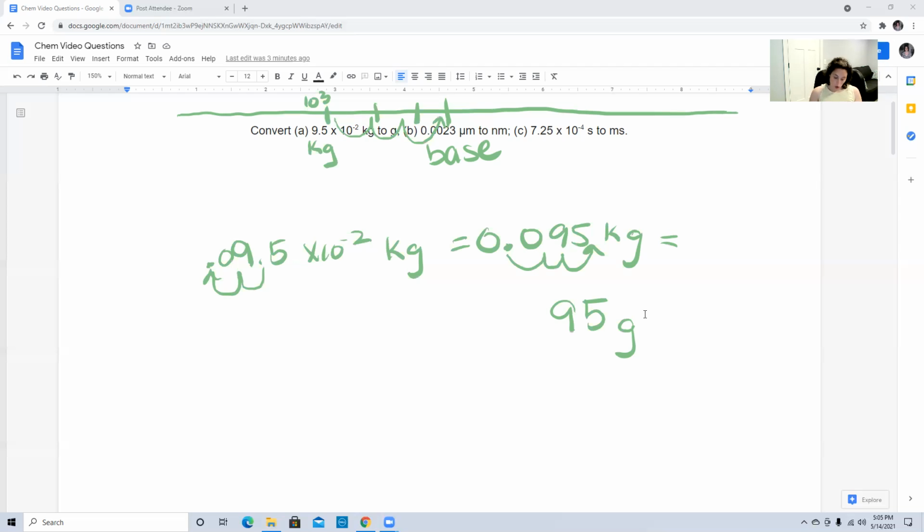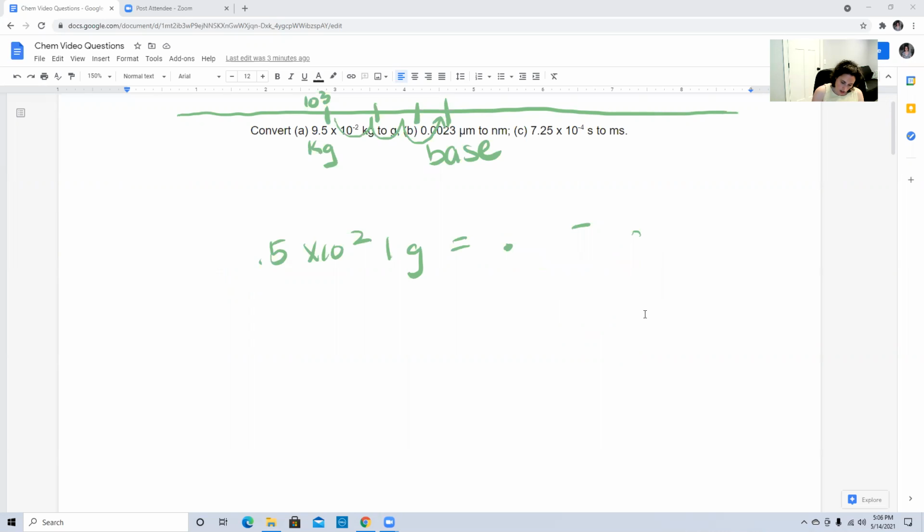Another way to show this is to do what we call dimensional analysis. Let me go ahead and erase that one, and I'll show you just another way to see it. This time we won't have to worry about the scientific notation.